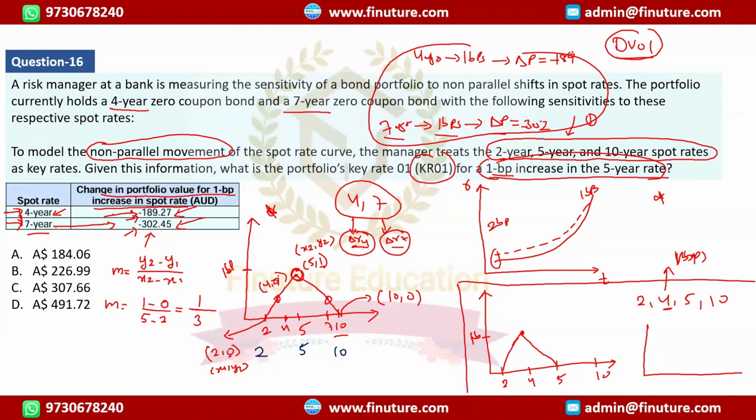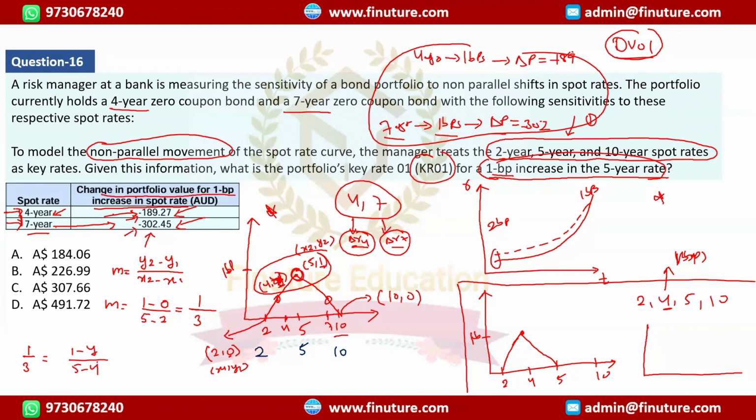I know my x coordinate, 4, and I want to know the y along with 4. So I take these two coordinates, and I know the slope of this line is 1 by 3. I calculate 1 minus this y coordinate, and 5 minus 4.